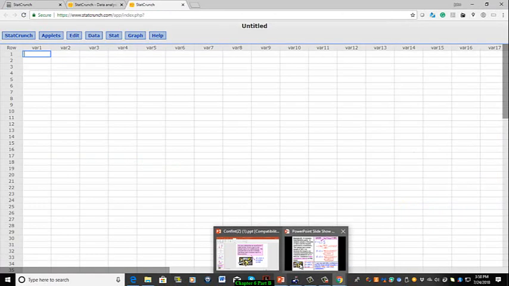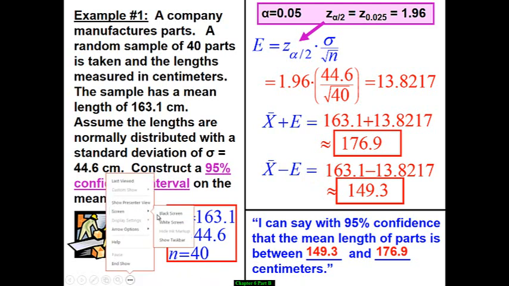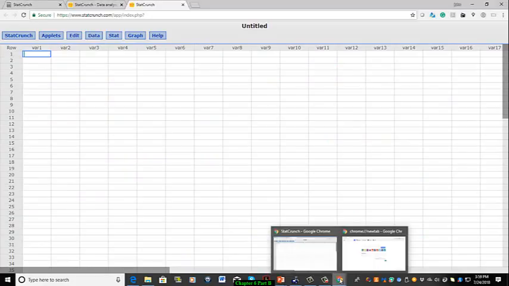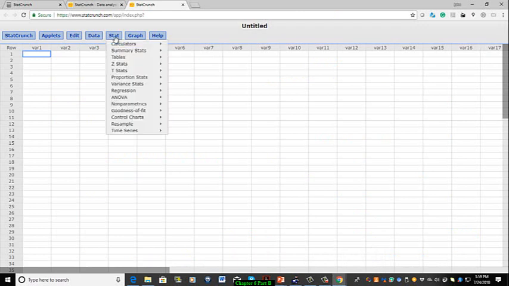Okay, now that we have that open, we're going to go over here to StatCrunch. Where we're going to go for the confidence intervals is the same kind of place that you went for calculators. We're going to go to Stats, go to Z Stats, go to One Sample, and go with Summary.